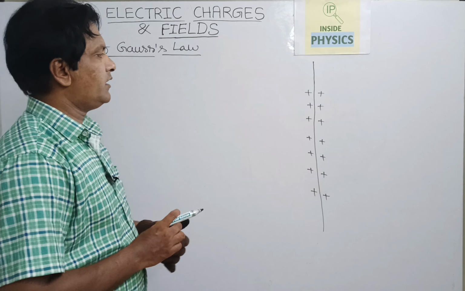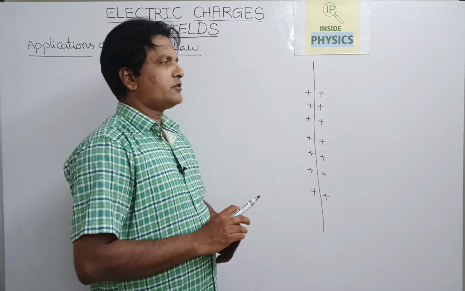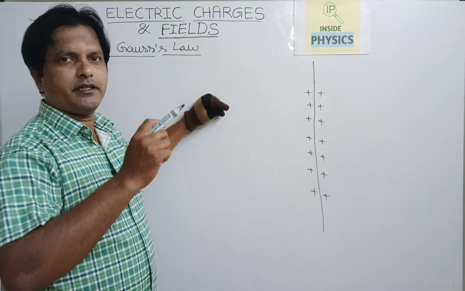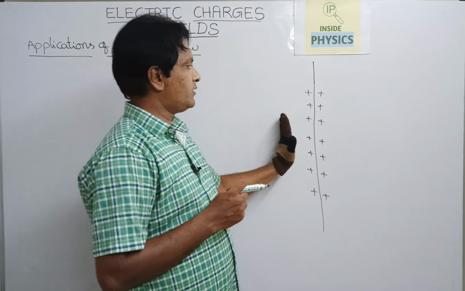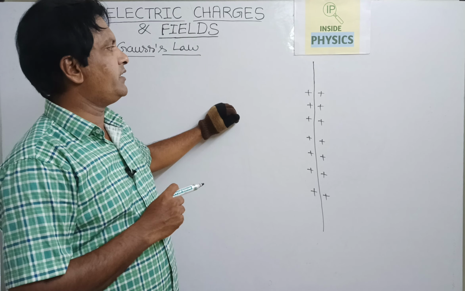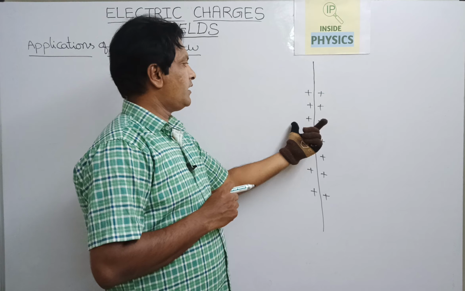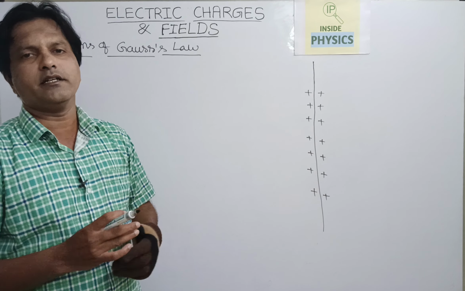How do we get the electric field due to this conductor? To apply Gauss law, we need to imagine a surface around this conductor. The appropriate surface covering the area around this conductor must be a cylinder.